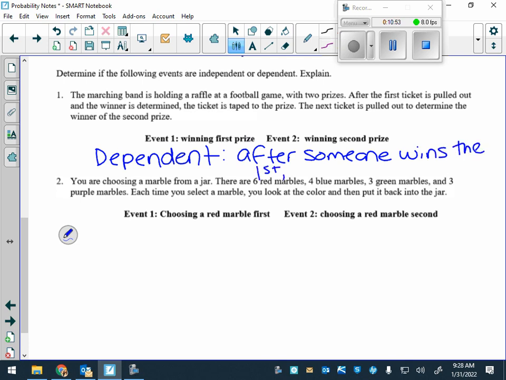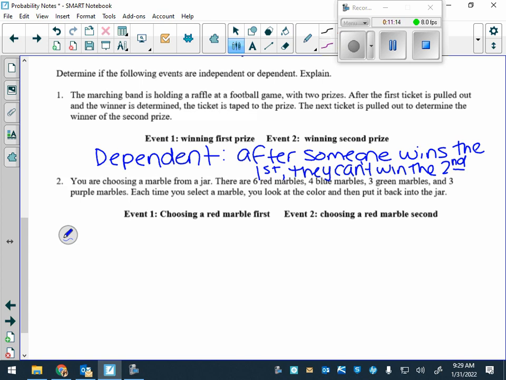After someone wins the first, technically they can't win the second, right? Because their name is pulled out. All right. Okay. So the first winner has to happen first before the second.